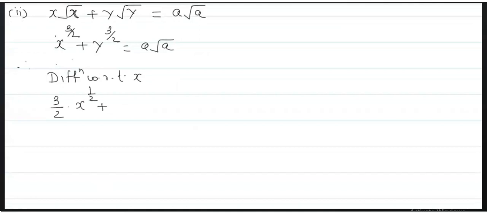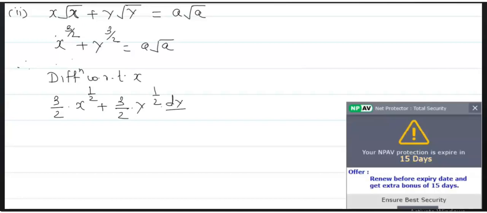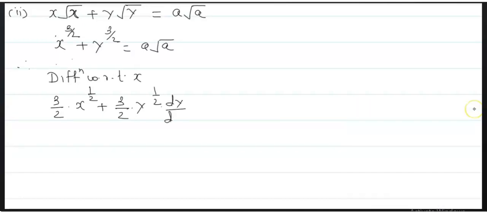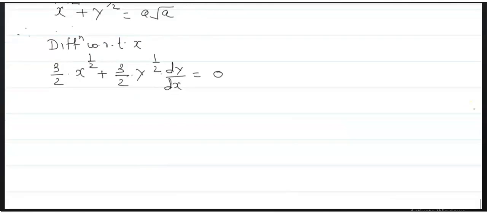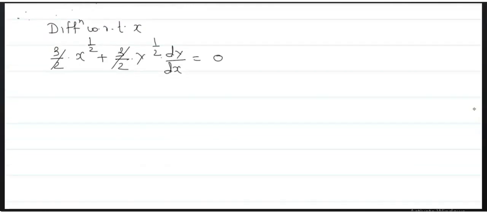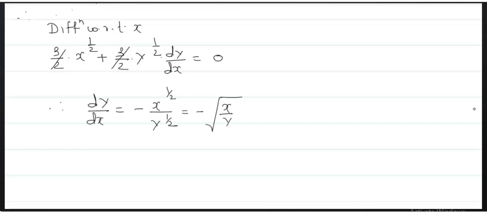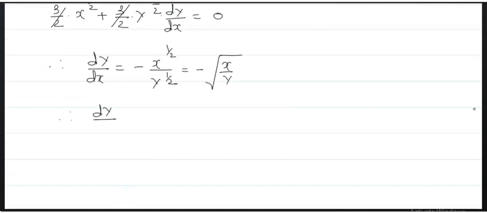Therefore it is 3 by 2 x raised to 1 upon 2 plus 3 by 2 into y raised to 1 upon 2 into dy by dx. Derivative of a root a is 0, and that's why dy by dx is equal to minus x raised to 1 upon 2 upon y raised to 1 upon 2, and that is nothing but minus root of x upon y.